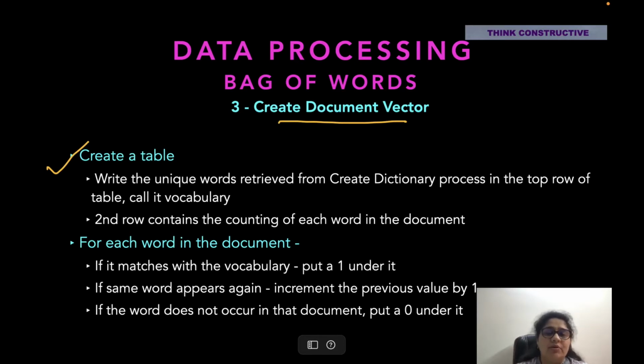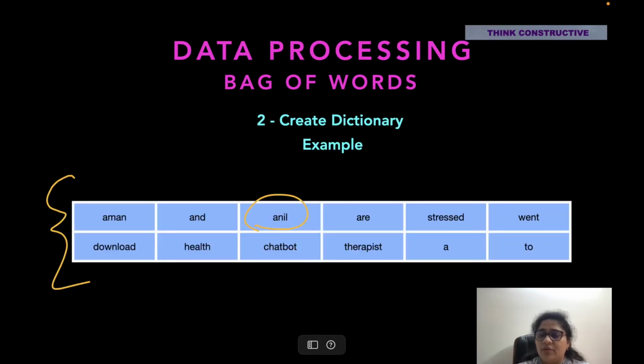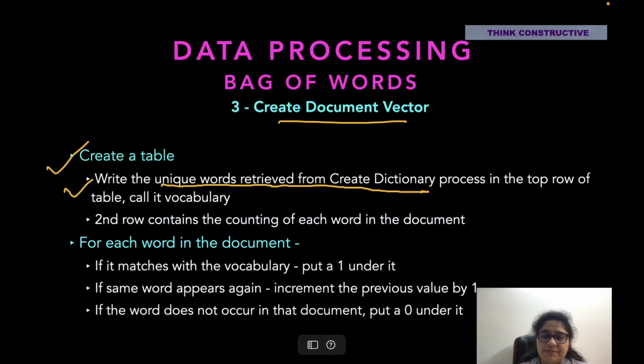In that table, I will write the unique words retrieved from the create dictionary process. These all words I will write in the top row of the table. I will fill the header row with all these words which we have got from the create dictionary process. This is my first point.